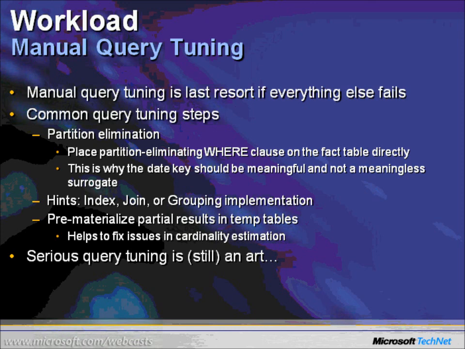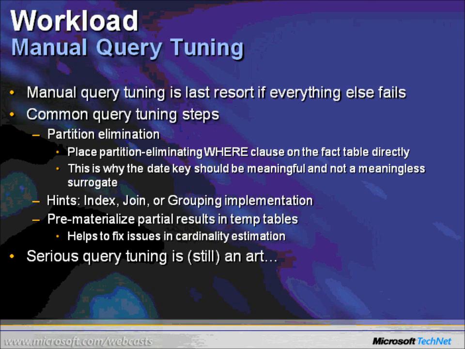Common steps in query tuning are to check to make sure that you're doing partition elimination properly. You should place a WHERE clause on the fact table directly that pulls out a specific range of values from the fact table, from between one date and another, for example. Now this is why the date key should be a meaningful key, as I spoke about earlier.